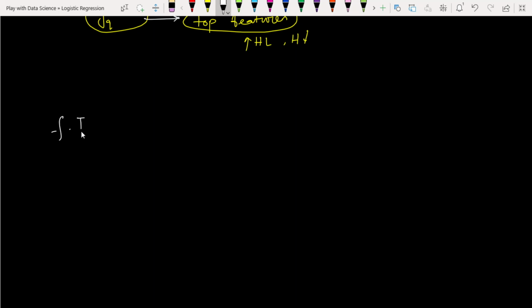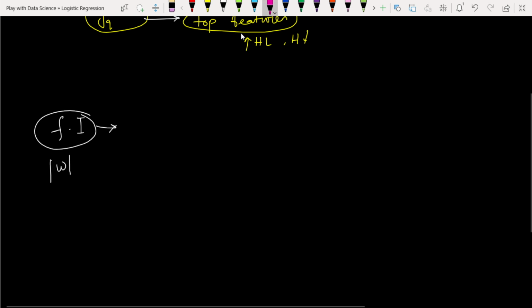In short, I write feature importance as FI. When we use feature importance, we calculate the absolute value of the weight vectors. This is because we are assuming that our features are linearly independent.